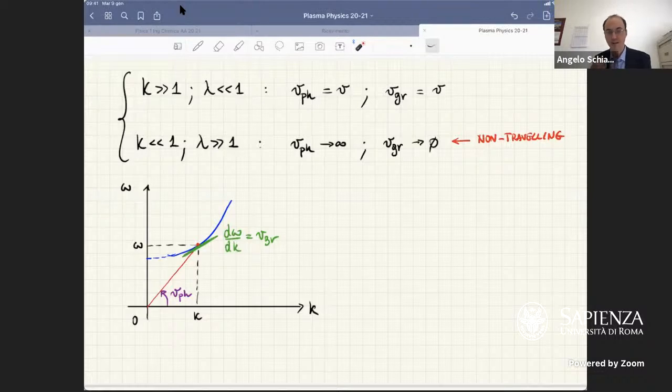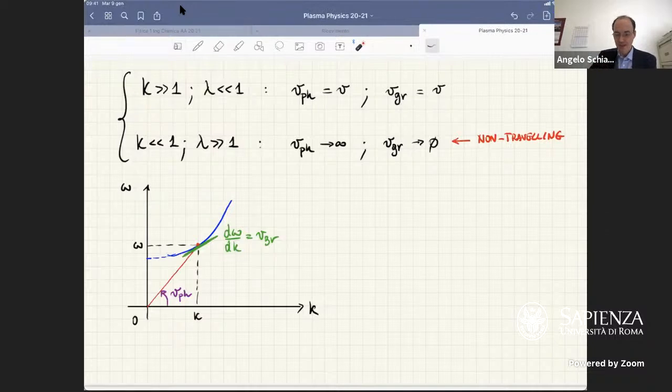This is a very important concept that we spent almost an hour on recalling and redigesting, because now we are going to describe the wave phenomenon in a medium which is the plasma, and we just anticipated that the plasma is a dispersive medium.